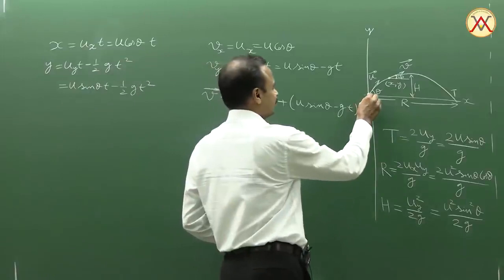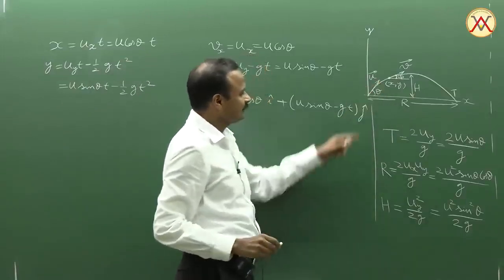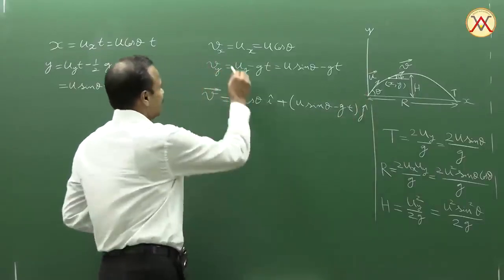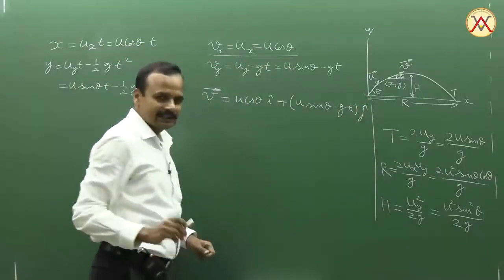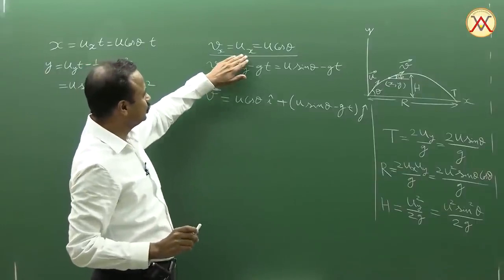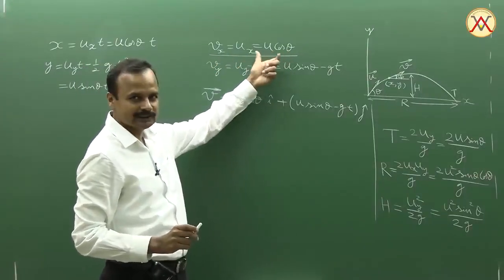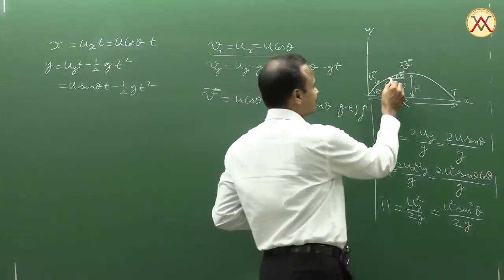Our projectile is launched with an initial velocity u vector making an angle theta with horizontal. The x component of velocity doesn't change. Ux, in terms of magnitude and direction, is u cos theta. It is always the same.